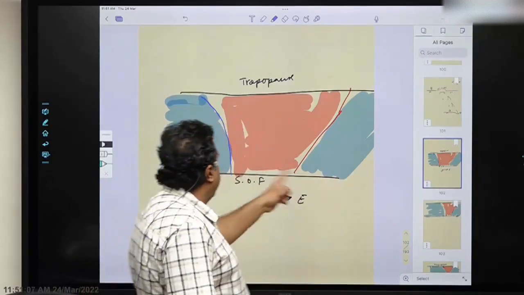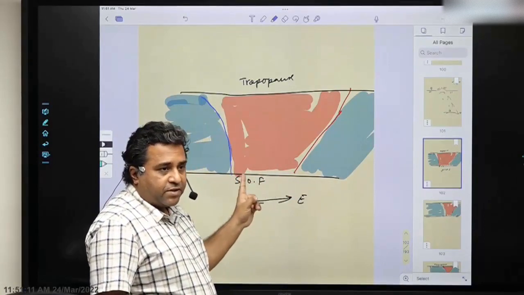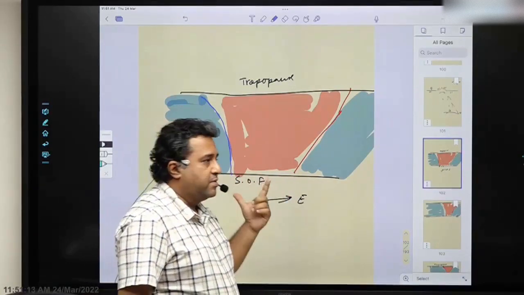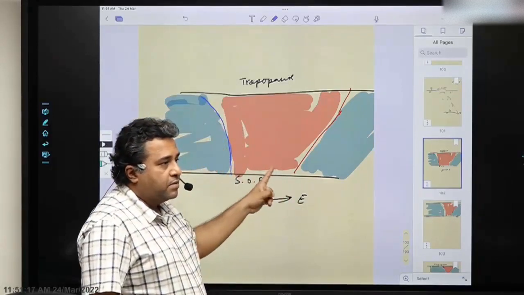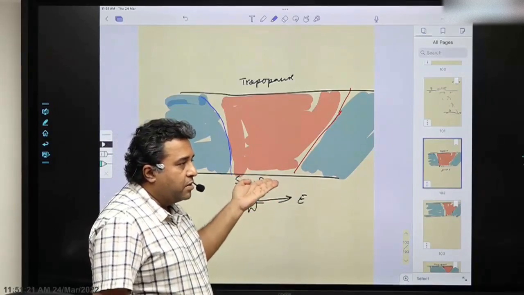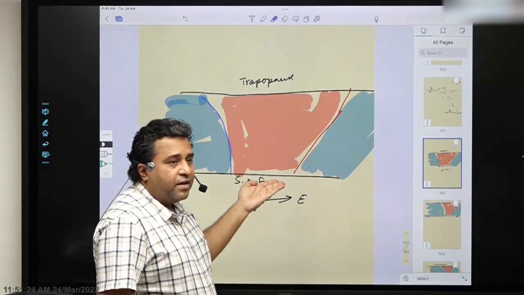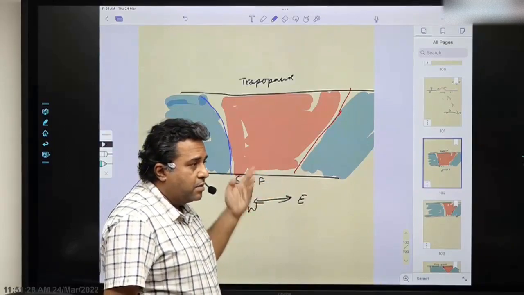Is this okay? Here, which air is this? Which figure? Figure 1A. I have dictated 1A, okay.